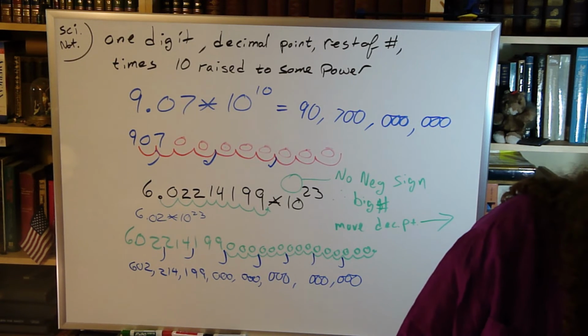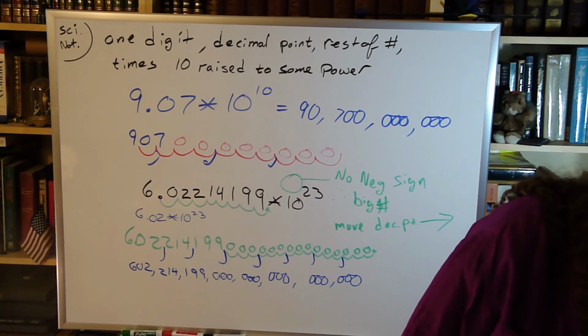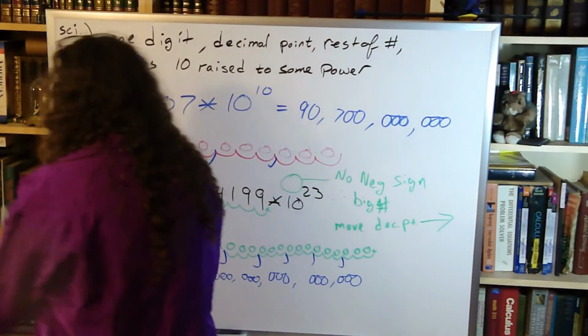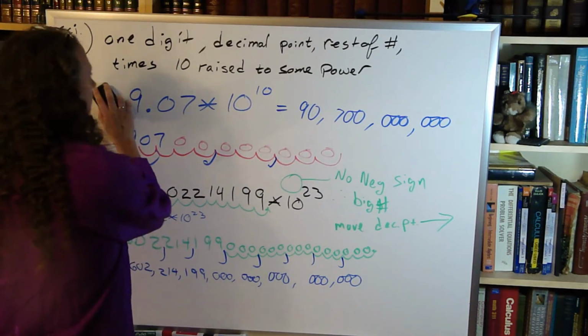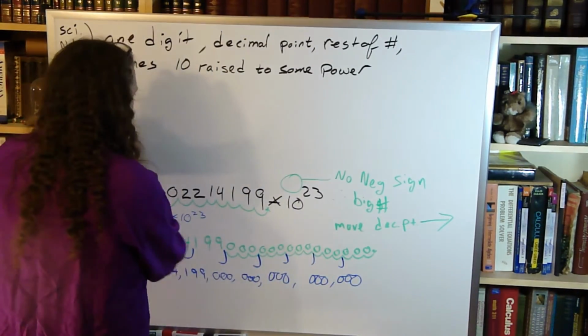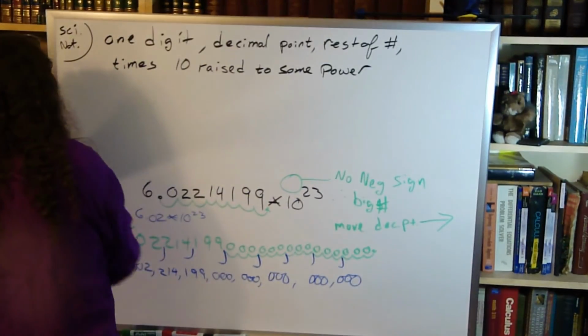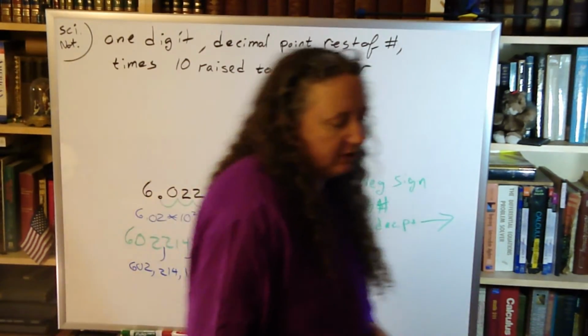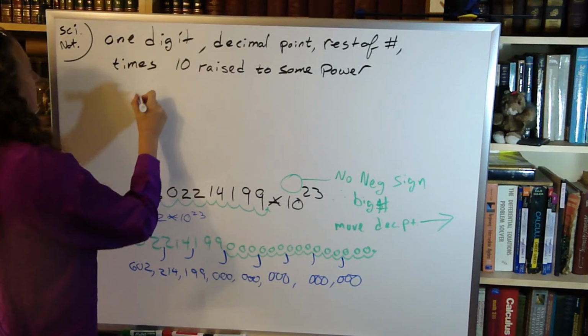Next word problem. The distance light travels in 1 year is 9.46 times 10 to the 12 kilometers. Write this number in standard notation. 9.46 times 10 to the 12.